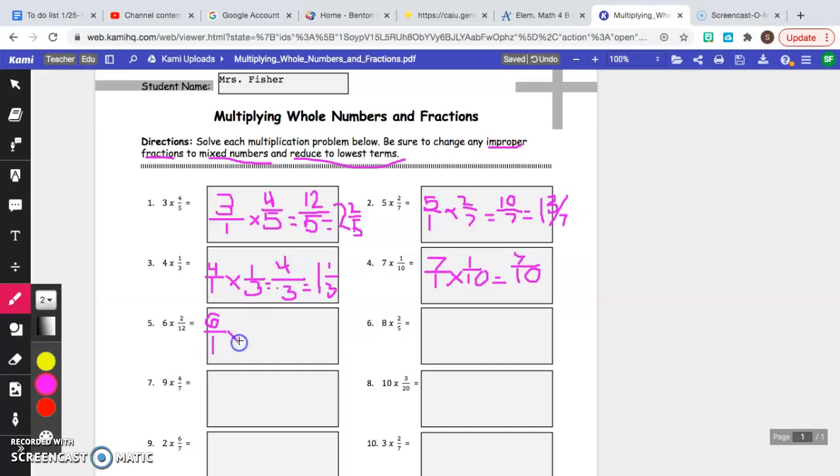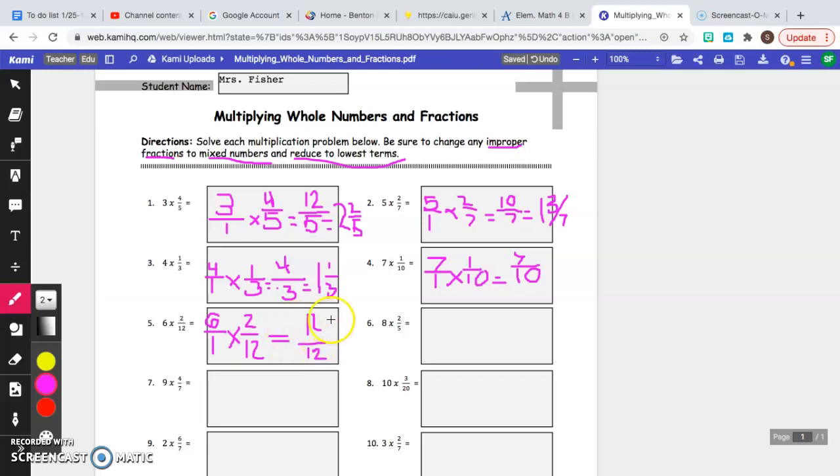6 over 1 times 2/12. All right, 6 times 2 is 12, and 1 times 12 is 12.